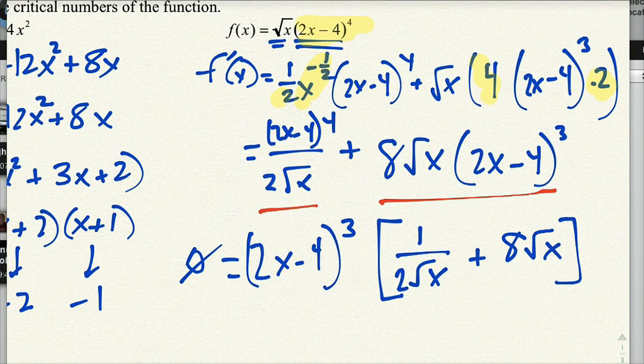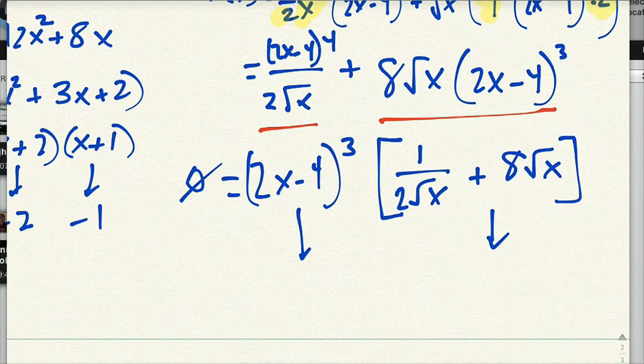So like I did for the last problem, either this has to equal 0, or this has to equal 0. This one on the left, the 2x minus 4 to the 3rd, what would make that 0 is 2. So I have a critical number at x equals 2. The right one's a little bit confusing. It's like, what can I do to make this 0? There really isn't anything that would make this 0, but I do notice that if I put a 0 here, wouldn't that give me a 0 in the denominator?